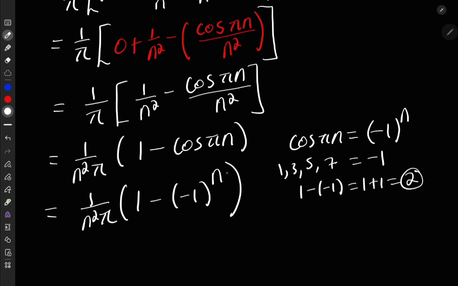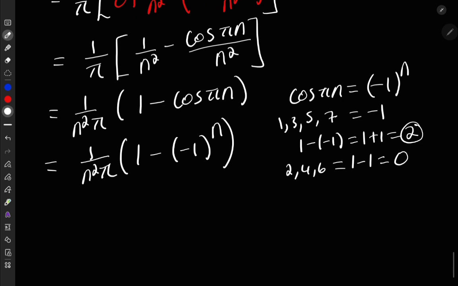But if you put even numbers here, like 2, 4, 6, then 1 minus (minus 1) to the power of an even number gives you 1 minus 1, which is 0. So here we do not want even numbers, we want odd numbers.